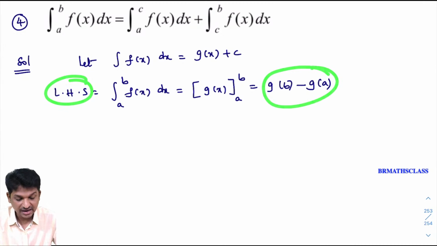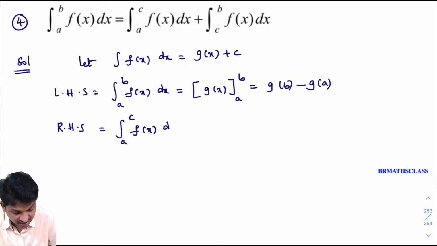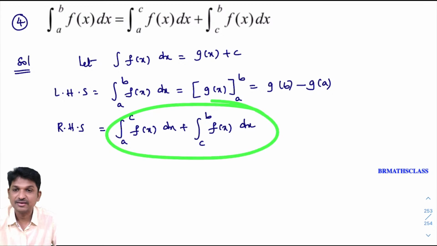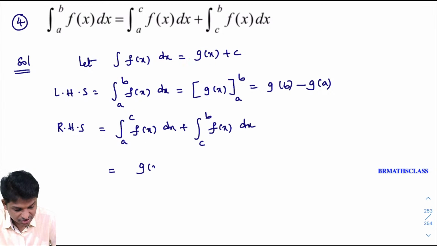Now I'll calculate RHS also. What is RHS? Integral of a to c f of x dx plus integral of c to b f of x dx. As I taken integral of f of x dx is g of x plus c, this will become g of x, limits are from a to c, plus g of x, limits are from c to b.